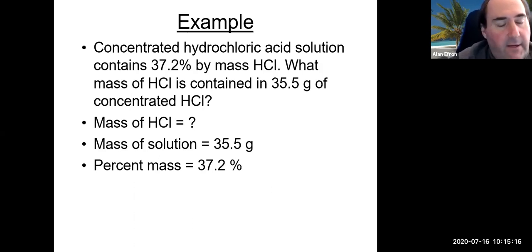So if I have a hydrochloric acid solution, the hydrochloric acid would be the solute here. Now, if I'm asked what is the mass of hydrochloric acid, that would tell me that I'm looking for the solute, which means by default, the 35.5 grams here would have to be the mass of the solution itself.